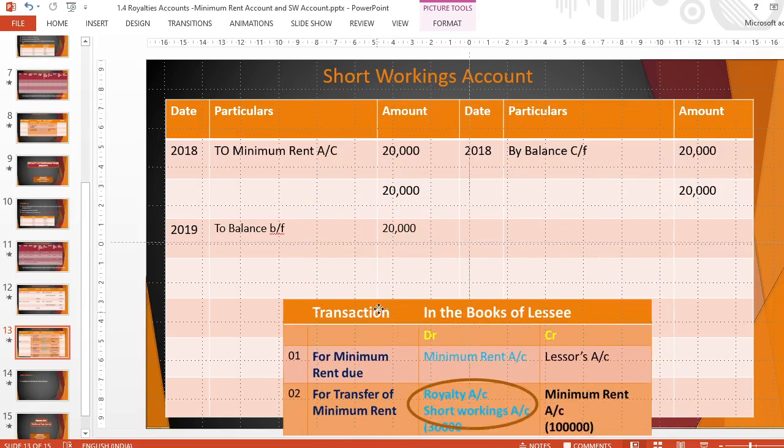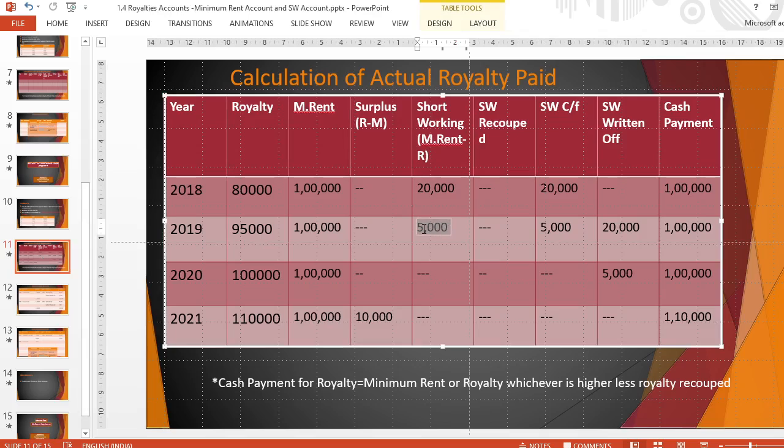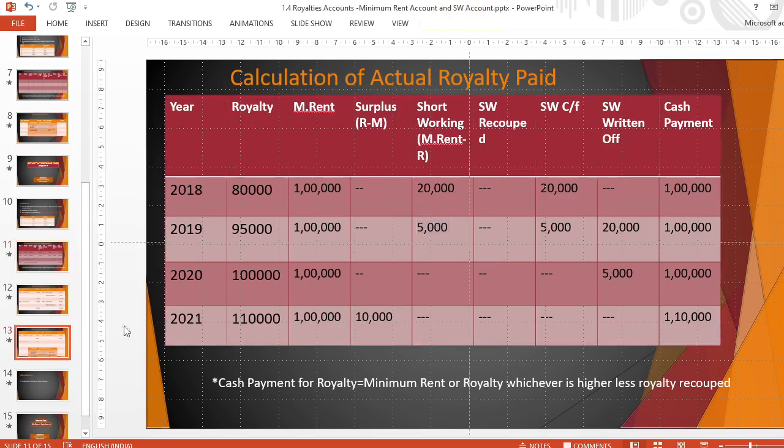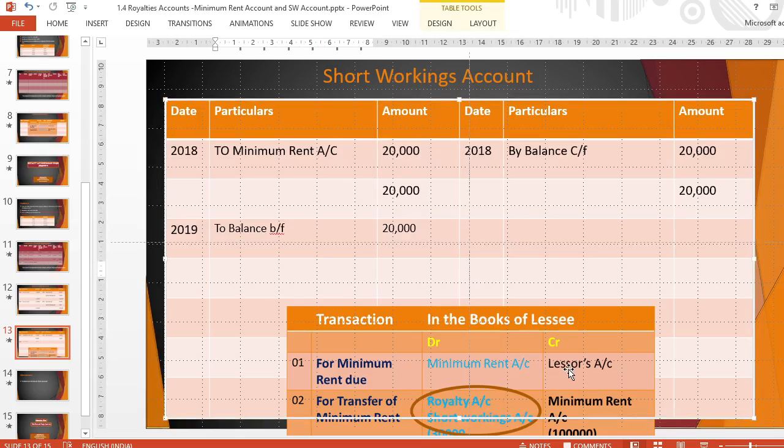For transfer of short working, I should check the short working in the year 2019. In 2019, the fresh short working is 5,000. I should record this one. So the entry is short workings account debit to minimum rent account.